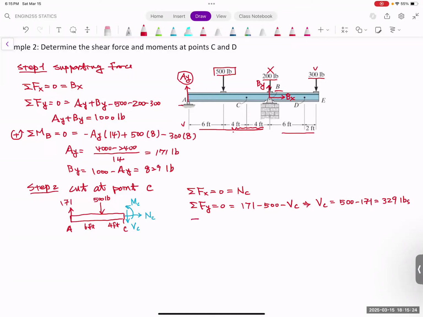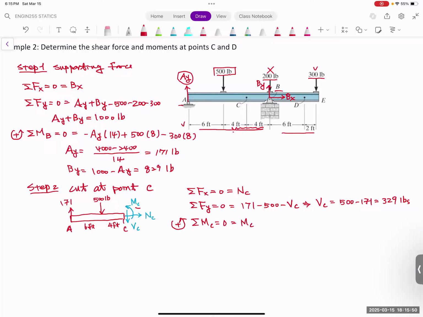Okay, now the last thing you do is summation of moment at C equal to 0. And we are going to use the point of C. If I use point C, we have to define direction. I'm going to follow the same direction as the blue color one. So I'm going to say this is going to be the positive direction.